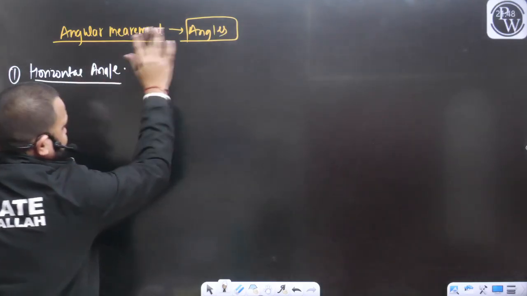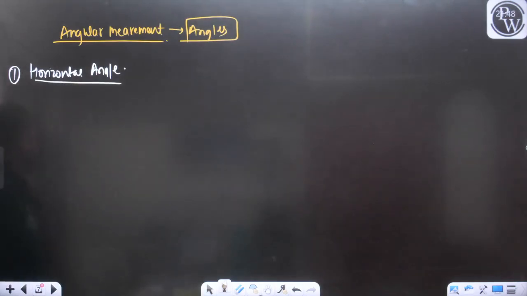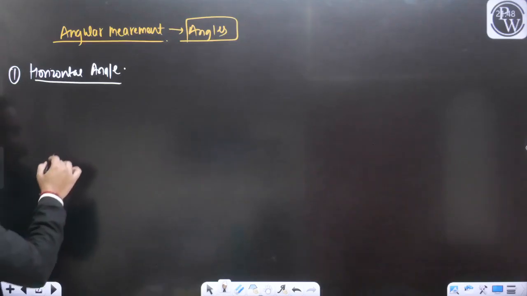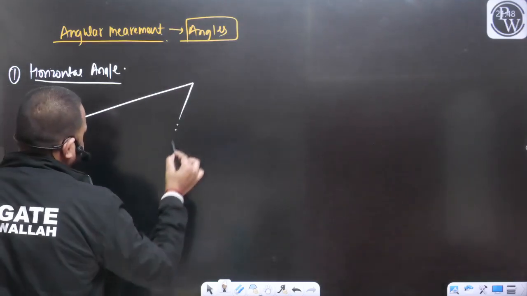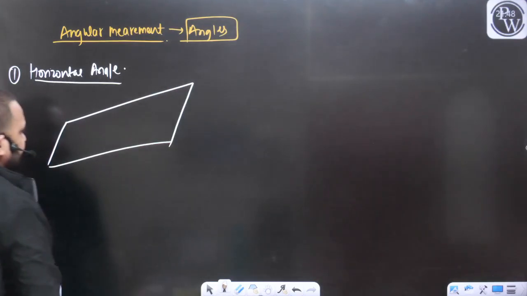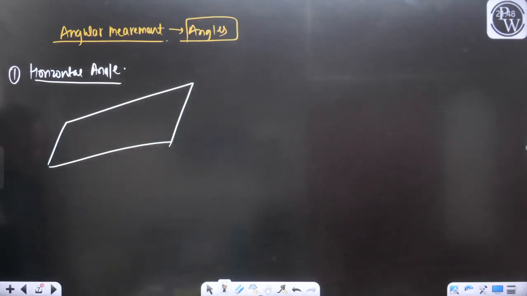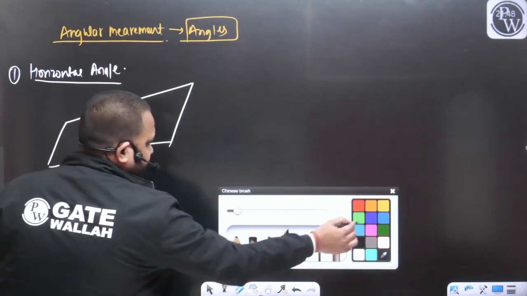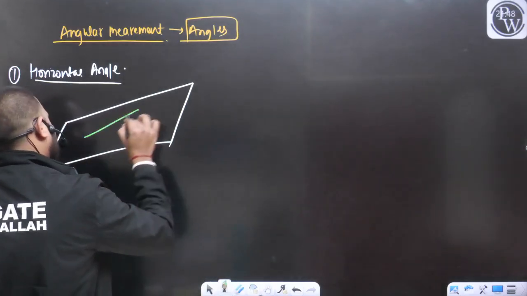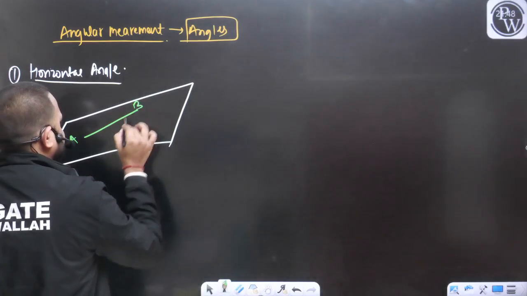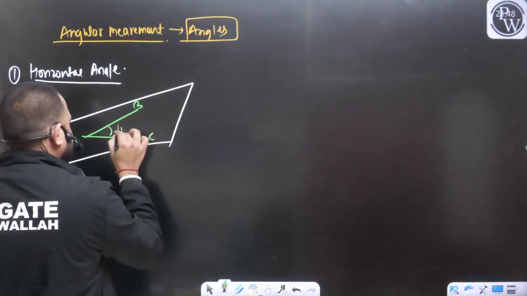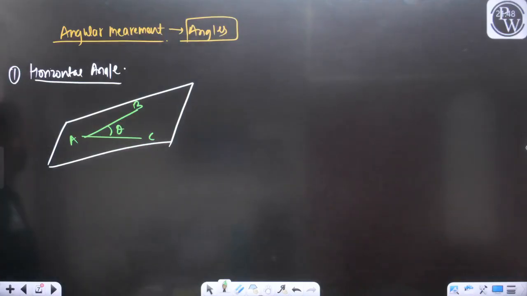Again, consider this screen as a plane. Let's say some plane is there, and two lines are there. This is your line AB and this is your line AC. How can we define this angle theta?